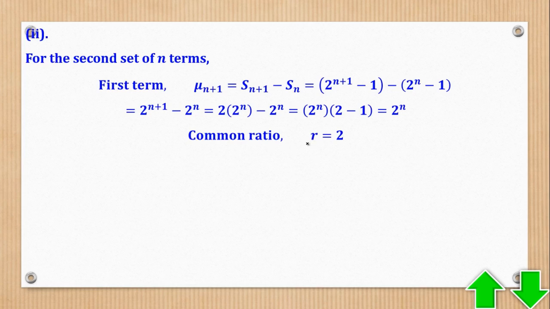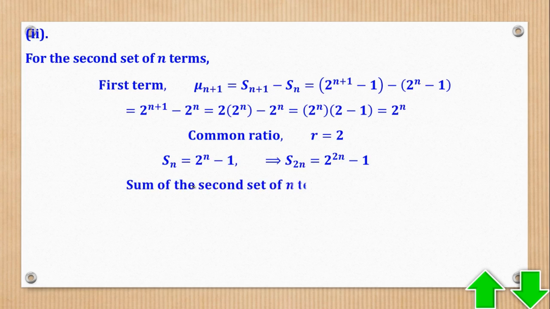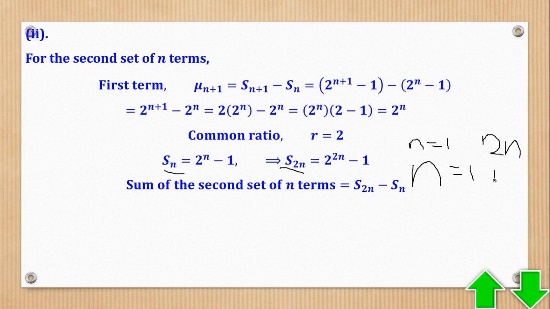Common ratio is 2, so it is maintained. Therefore, and we know that Sn is this, implying that the sum of the second set of n terms is that. That means that the sum of the second set alone, remember this Sn is from n equal to 1 up to n.